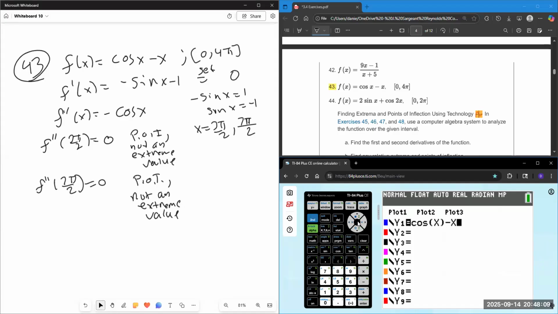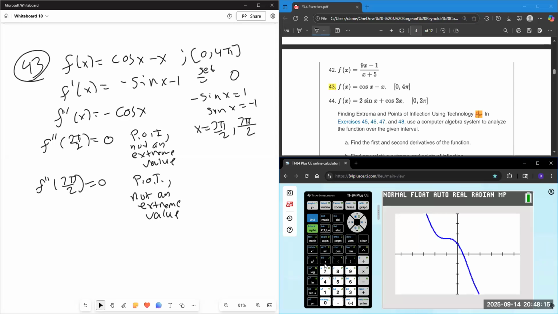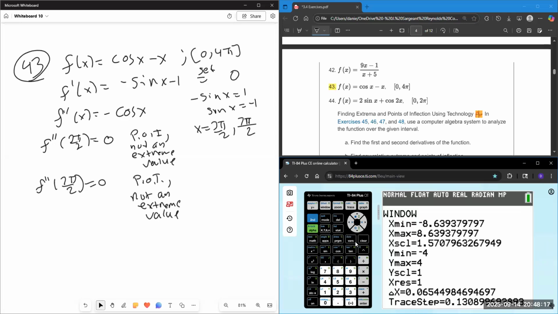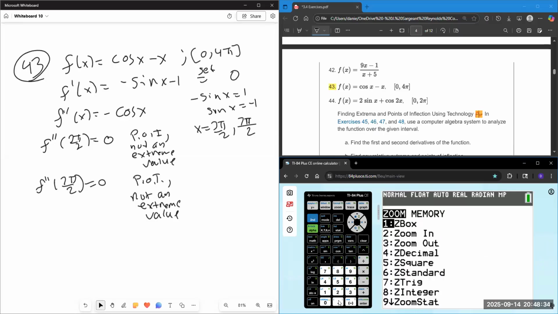Cosine of x minus x on Zoom trig. And then I'm going to make my x max go out to 4 pi here. There you go. Let me zoom out just a little bit more.